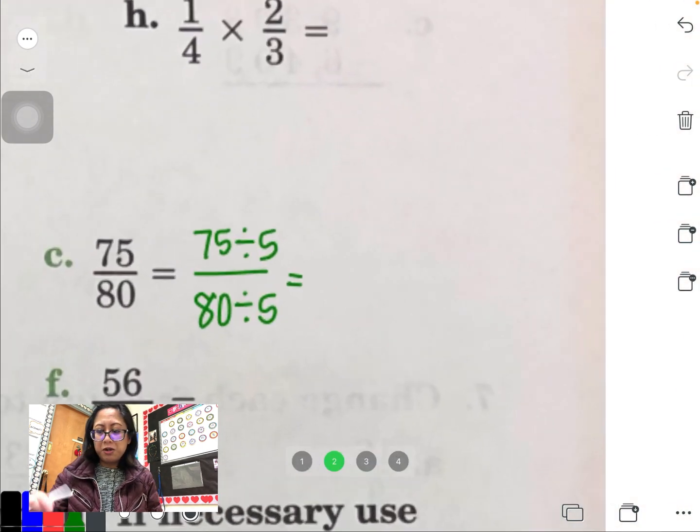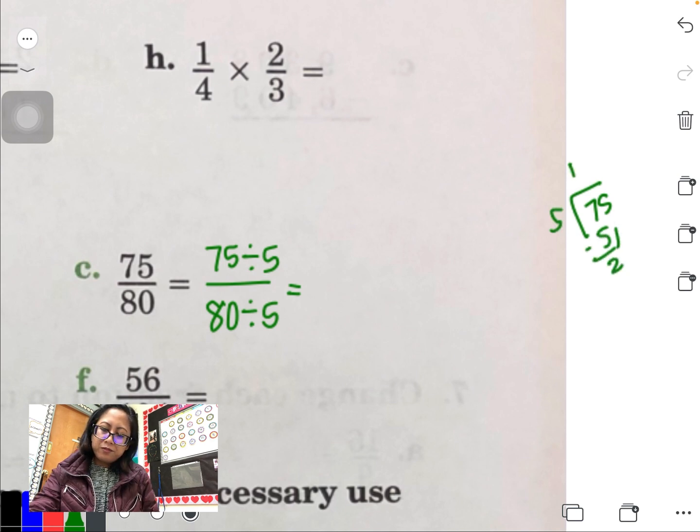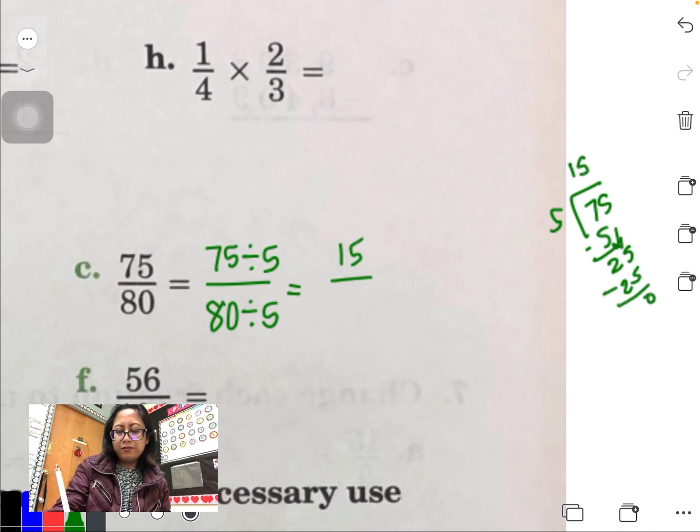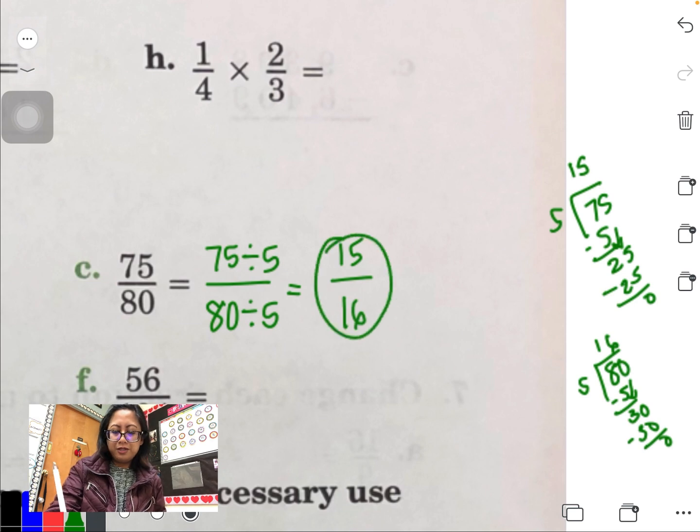Now on scratch paper, I've got to do this. 75 divided by 5. Okay, so it's 15. Then on scratch paper, 80 divided by 5. Okay, so it's 16. Okay, that's it.